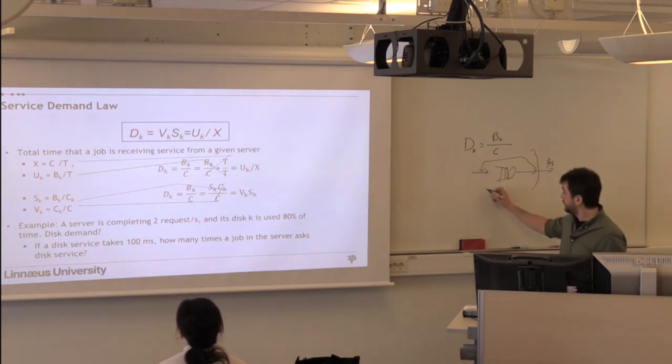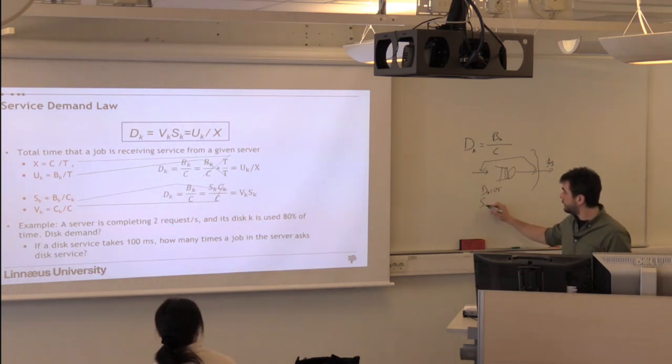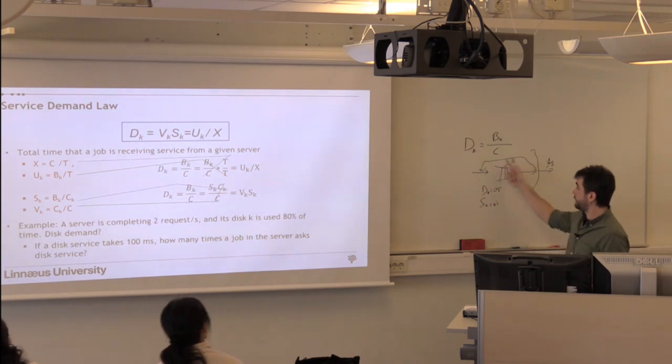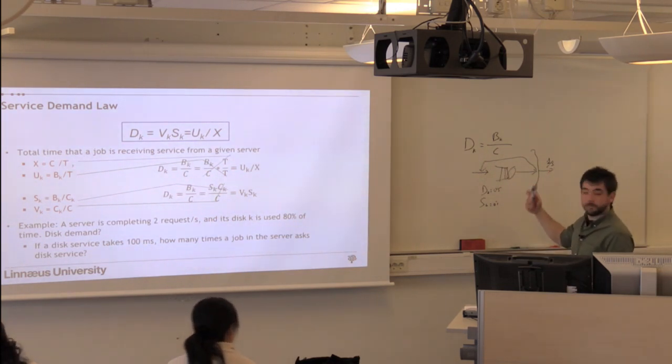On the other hand, if we know that the service time of this is 0.1, that it can serve a job in 100 milliseconds, it means that we have done 5 executions here before leaving.